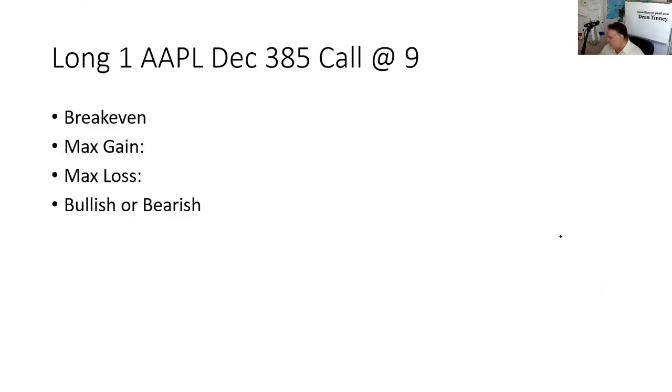Okay, so here's the first of the 6 you're held accountable for. And what you're held accountable for is, again, break even, max gain, max loss, bullish or bearish. Now, when you hear the word long, remember they could say owner, buyer, or holder. Let me get out my text box here to put that over here. I just want you to get comfortable that there's all kinds of words, and what you got to get to is that person has a choice.